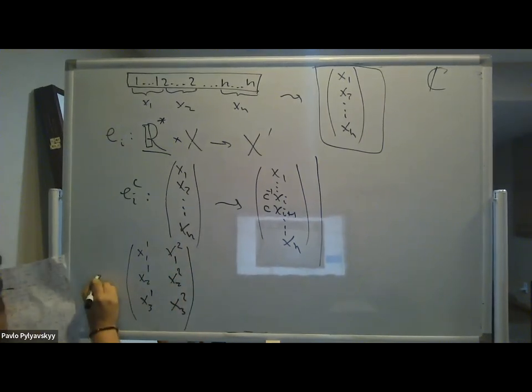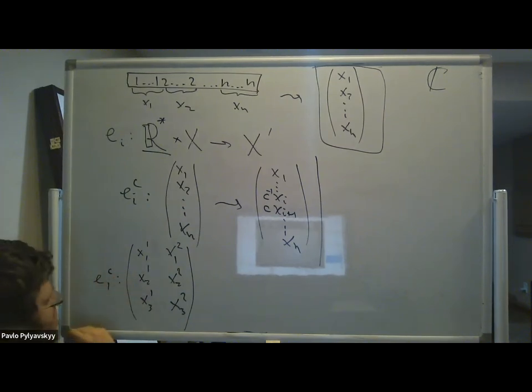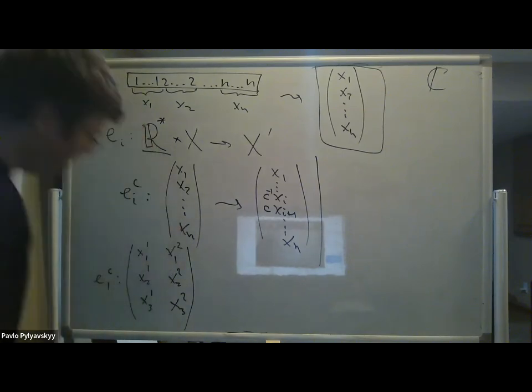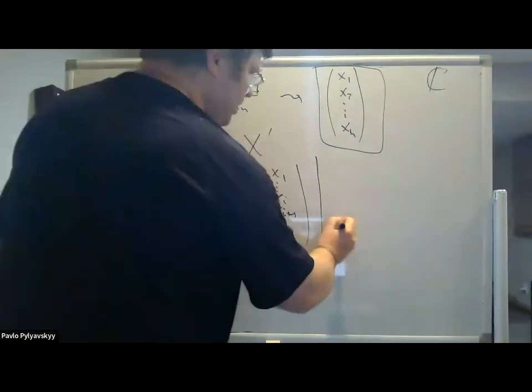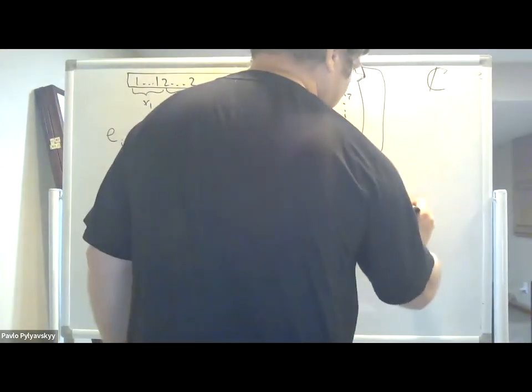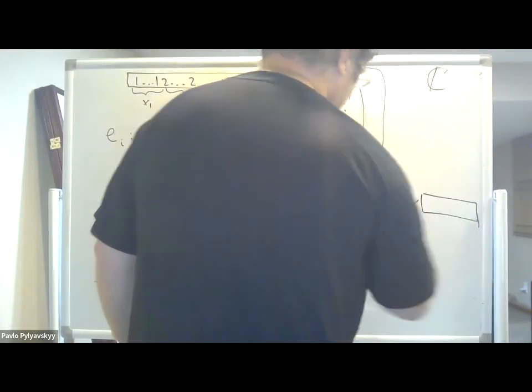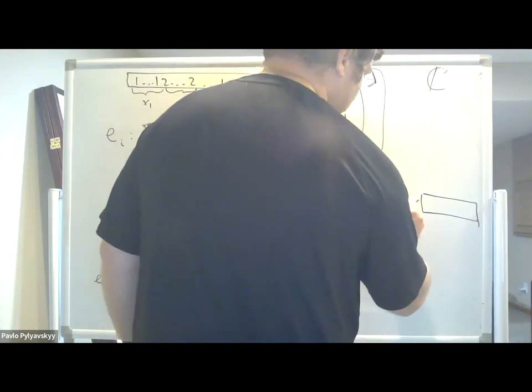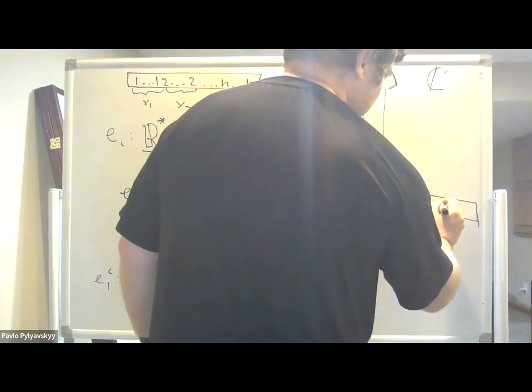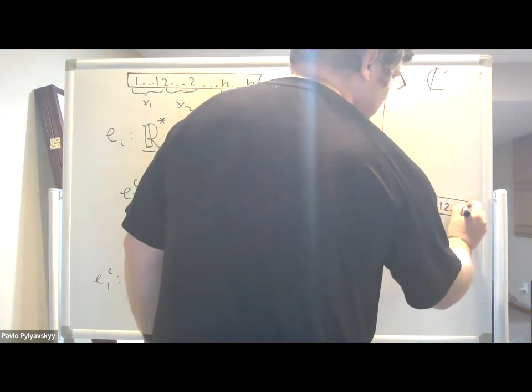Now I want to act by the crystal operator E1^c here, or as rows. In my head, I think of this as being the analog of this tensor product. There are some 1s, some 2s, some 3s, some 1s, some 2s, some 3s.